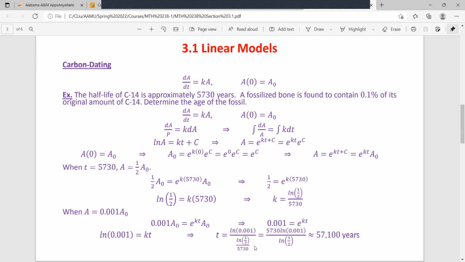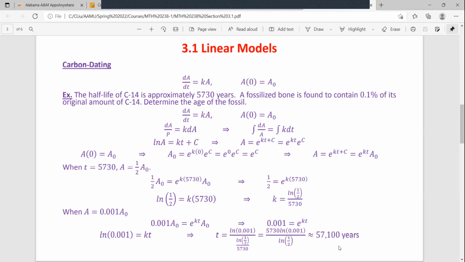So flip the denominator, we get 5,730 times natural log of 0.001 over natural log of 1/2. And if you use the calculator, what you get is 57,100 years.